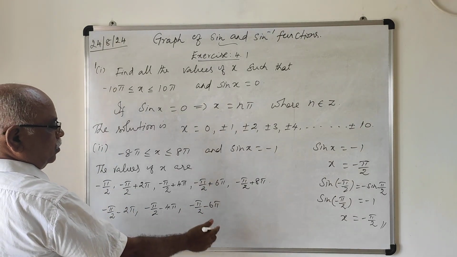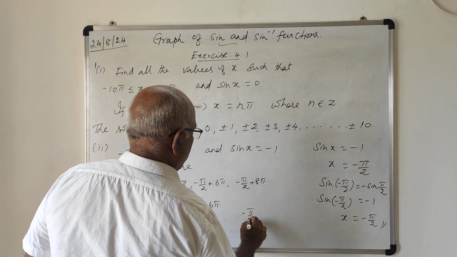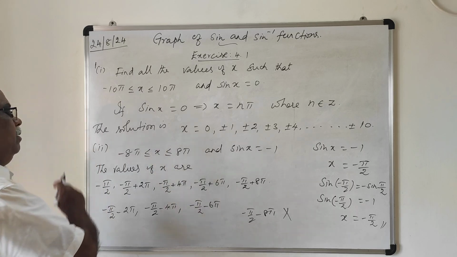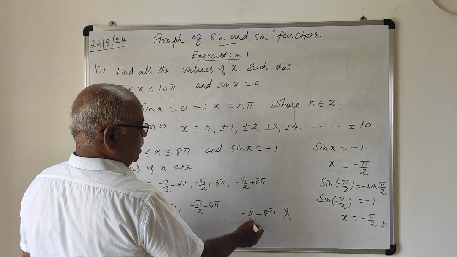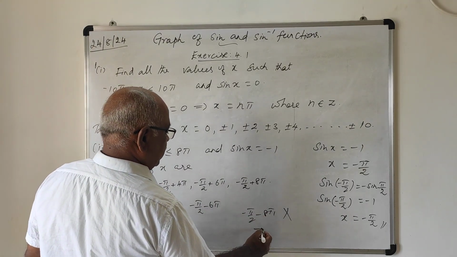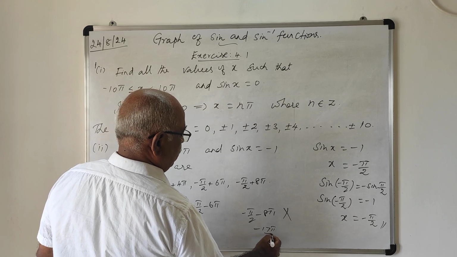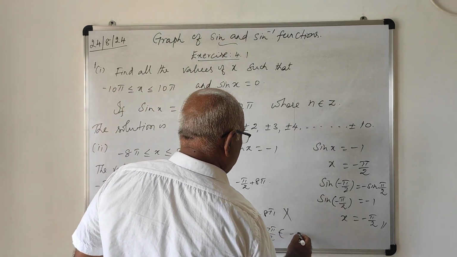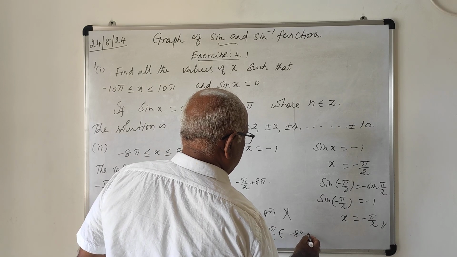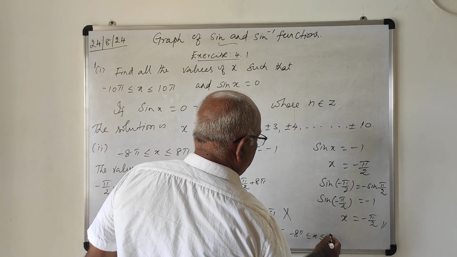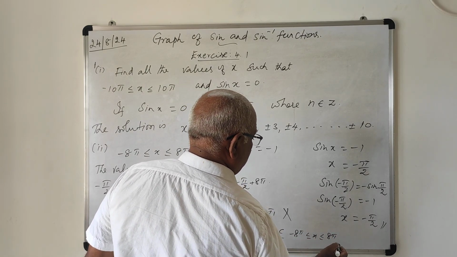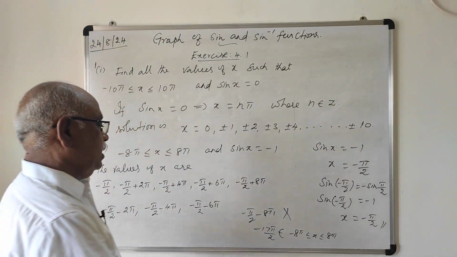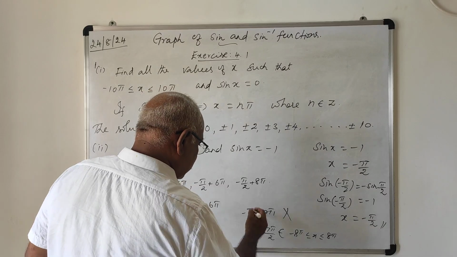And minus pi by 2 minus 8 pi is not in the interval, because 8 twos are 16, minus 1 is minus 17 pi by 2. This is not in the interval minus 8 pi less than or equal to x less than or equal to 8 pi. So 17 pi by 2 is not in the interval. Therefore this value is excluded.